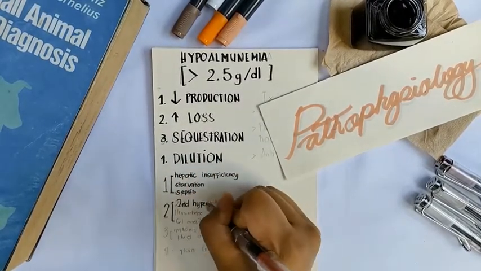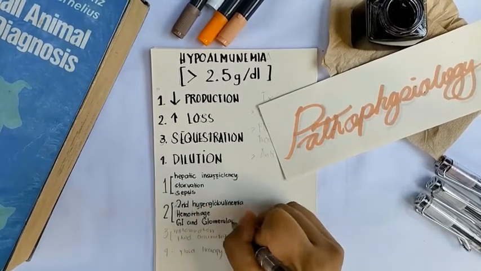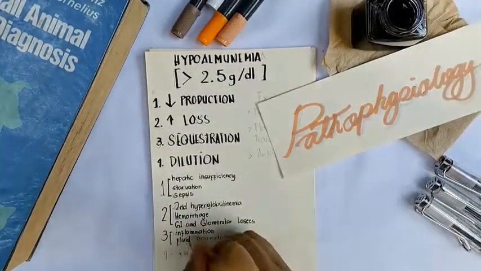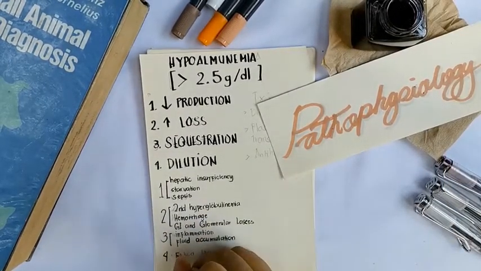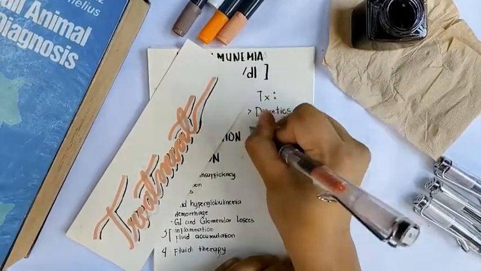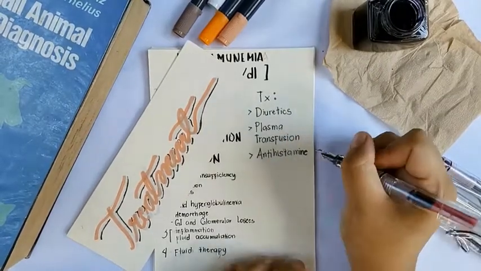During increase in loss, we have hemorrhage, and GIT and glomerular losses. During sequestration, we have inflammation and fluid accumulation, and dilution due to fluid therapy. Treatments are diuretics, plasma transfusion, and antihistamines.